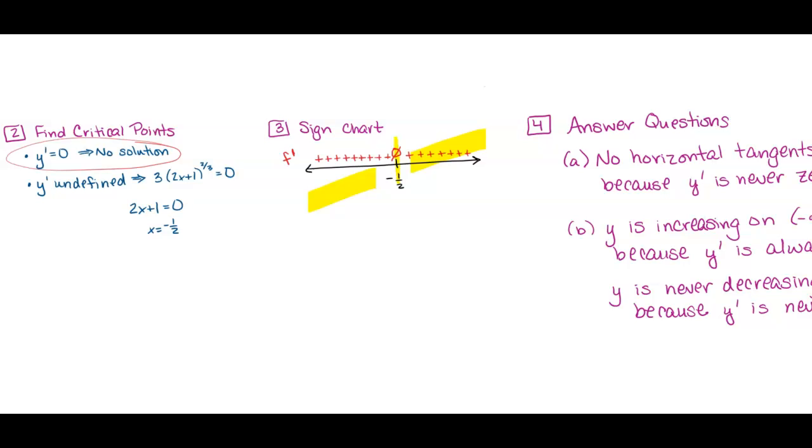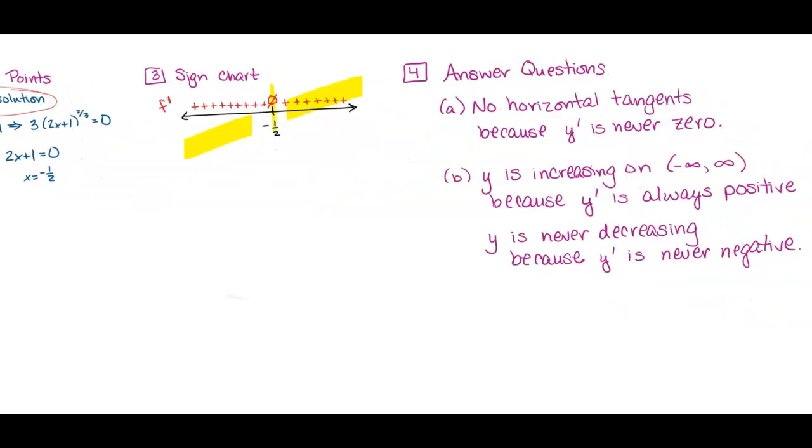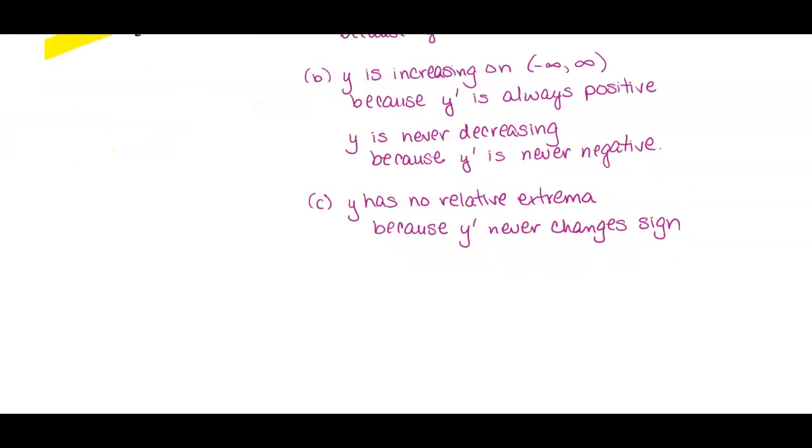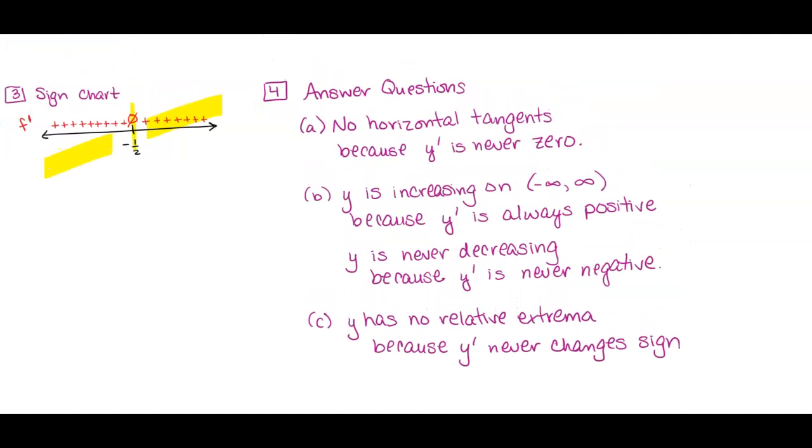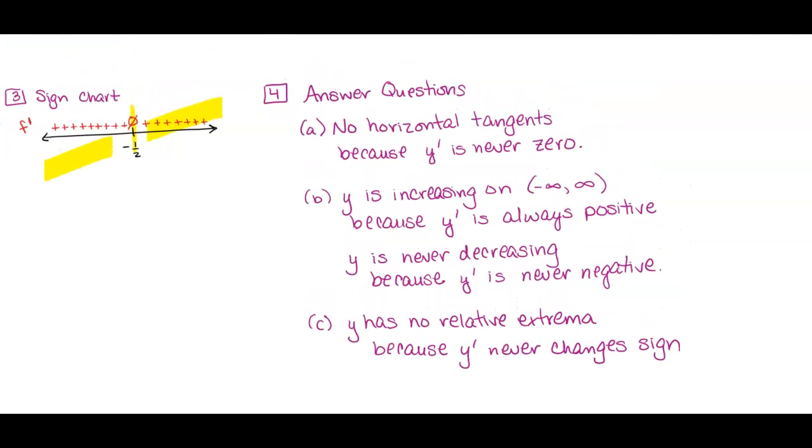A max or a min happens when your function changes from increasing to decreasing or from decreasing to increasing. And so we're not going to have any relative extrema in this one. Remember, the thing to look for is a critical point with a sign change. And we do have a critical point here, but there's no sign change happening. So no sign change means no max or min. So there's the answer to the first three.